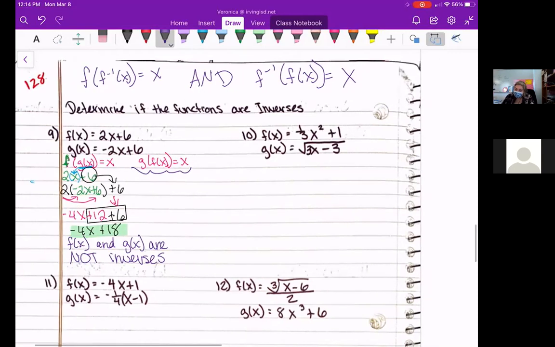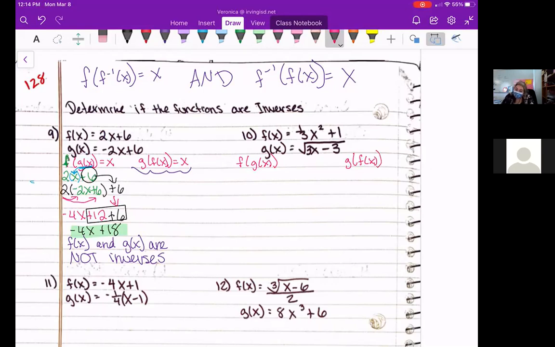Okay, so for 10, we're going to do f of g of x, and we have to do g of f of x. We have to do both. So let's do the first one first.